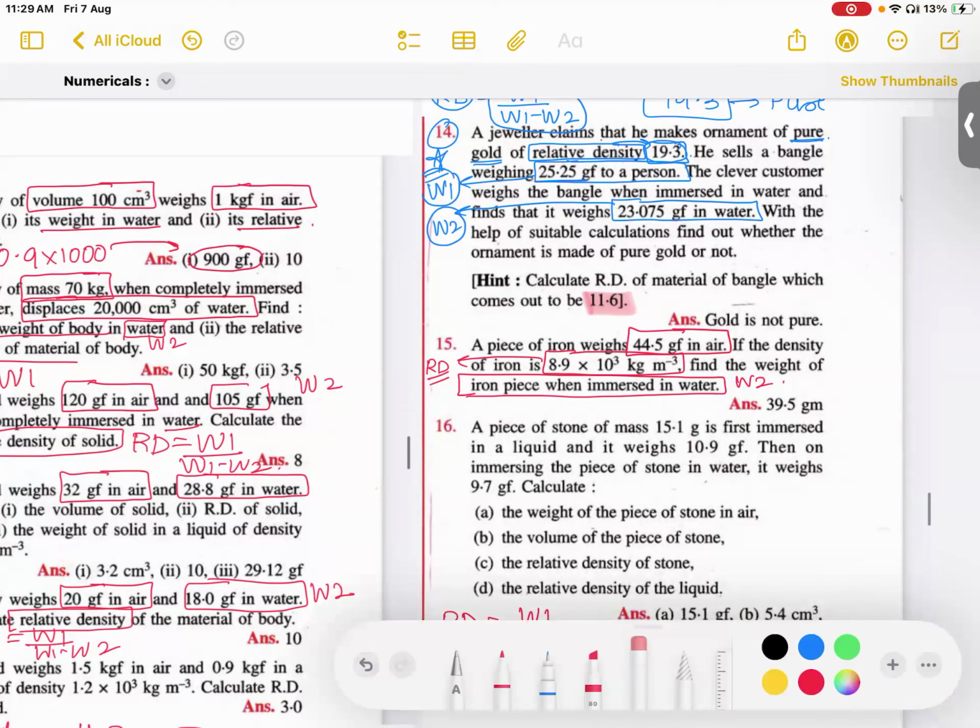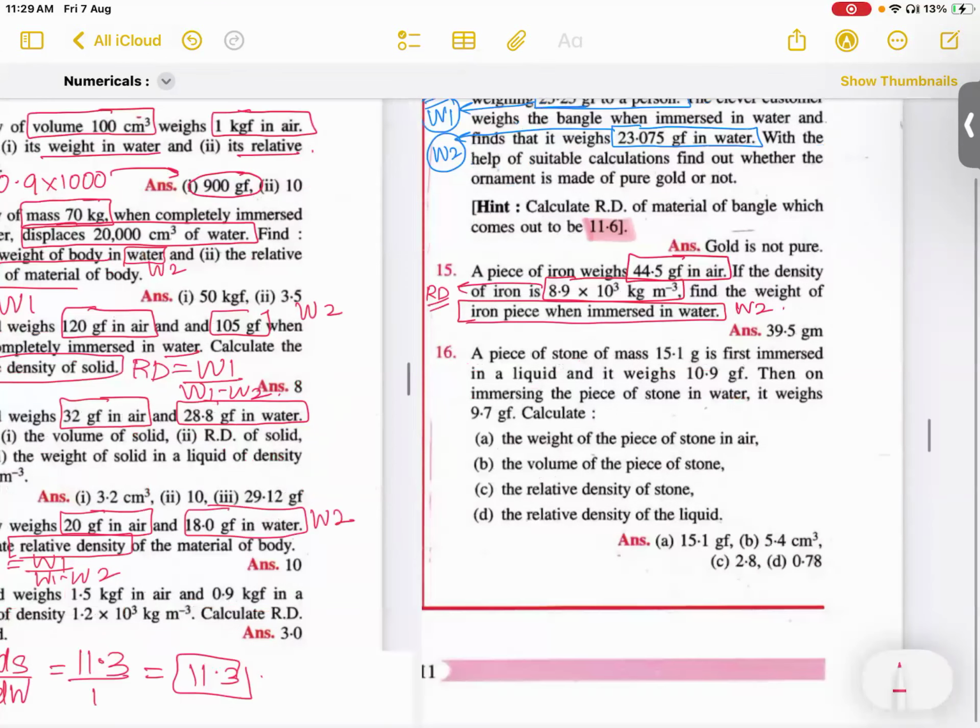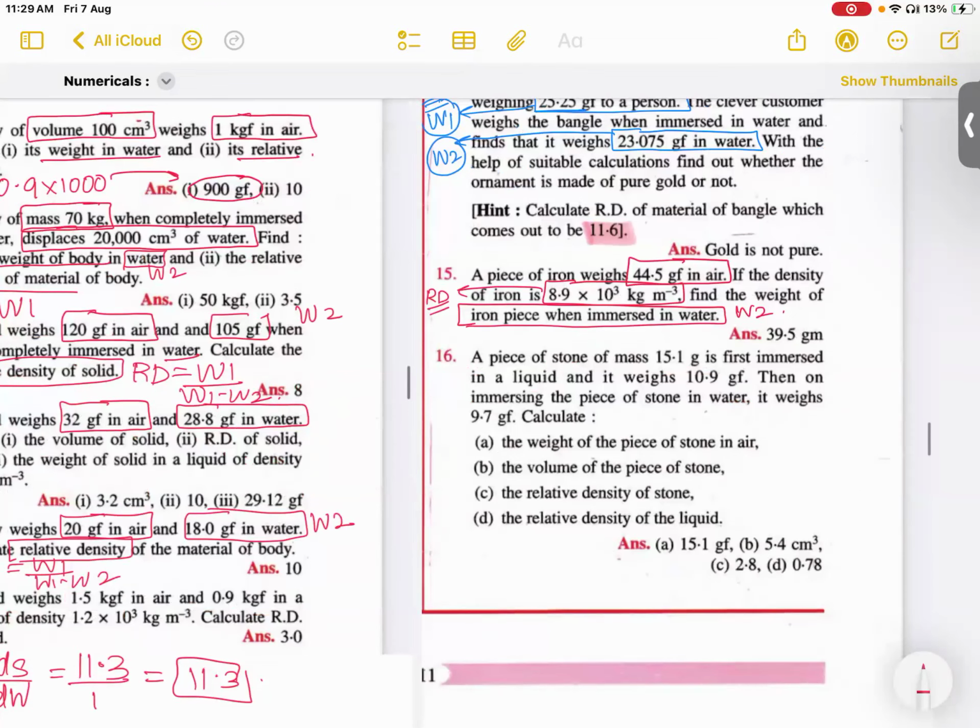Question number 16. I feel you should help me out, guys. See if you can try. A piece of stone of mass, so mass is given. This is weight W1, 15.1 gf. When immersed in liquid, its weight is so and so.